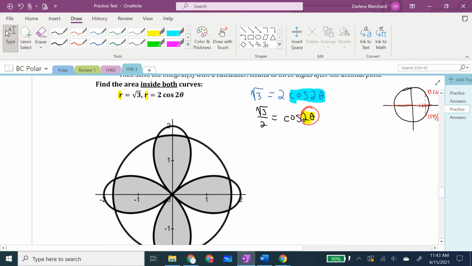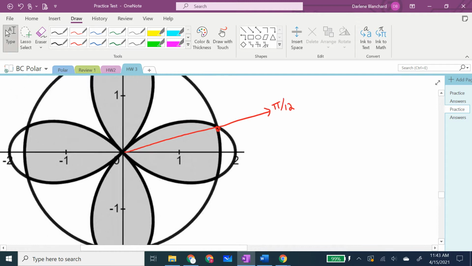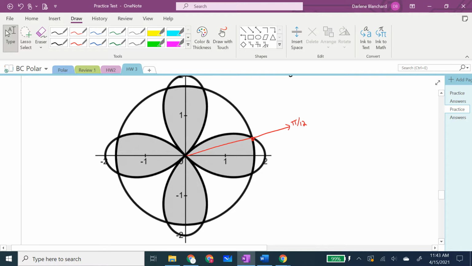So all in all, pi over 12. For a lot of you, you just needed to get pi over 12 and then use symmetry from there. But I wanted to go through the whole process. When you're in the middle of a test or even a homework problem, you don't want to sit there and spend more time than you need to.